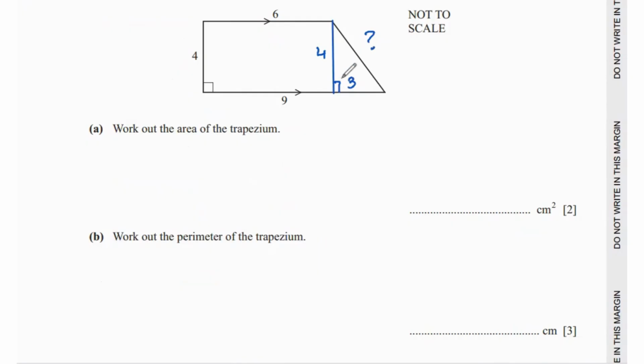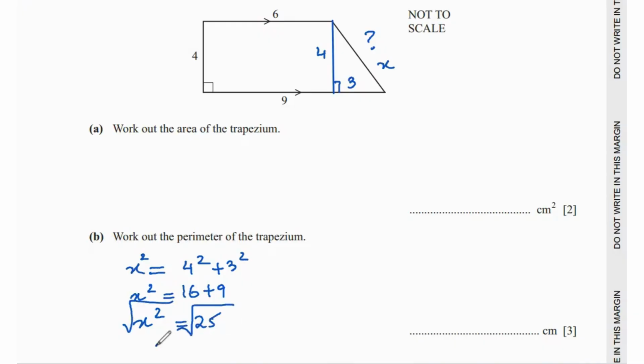So we have this right angle triangle over here. Two lengths are given. We need to find the third one, so you will use Pythagoras. This is x. So x squared equals 4 squared plus 3 squared, which is 16 plus 9. That's 25. Take the square root on both sides, and x equals 5 centimeters.